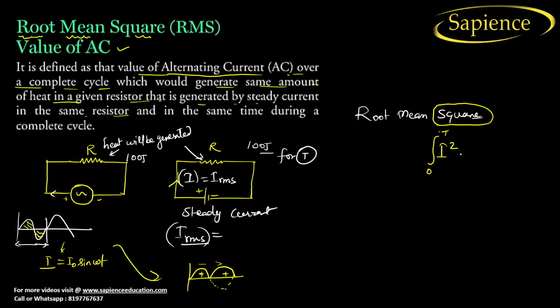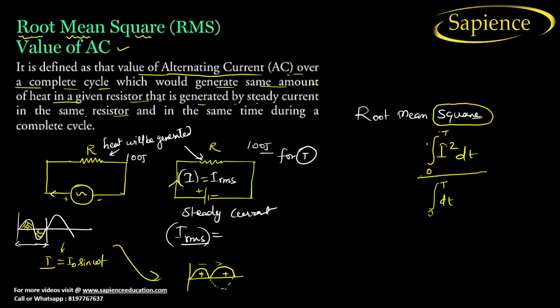When you integrate over one whole cycle, you get the total amount. And for the mean, we divide over the time period, integrating from 0 to T dt.